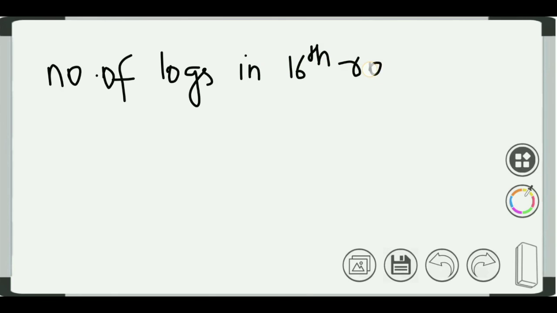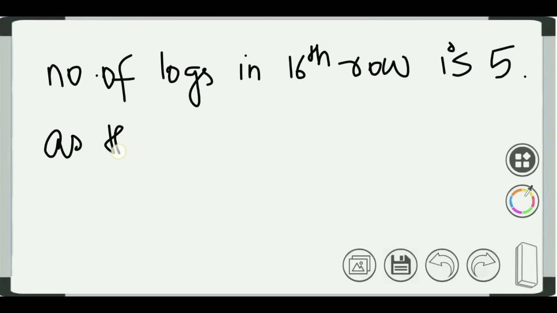It can be seen the number of logs in 16th row, that is n is equal to 16, is what we got? 5. Okay, as the numbers cannot be negative. Because when we take n is equal to 25, we are getting a negative value. So numbers cannot be negative.